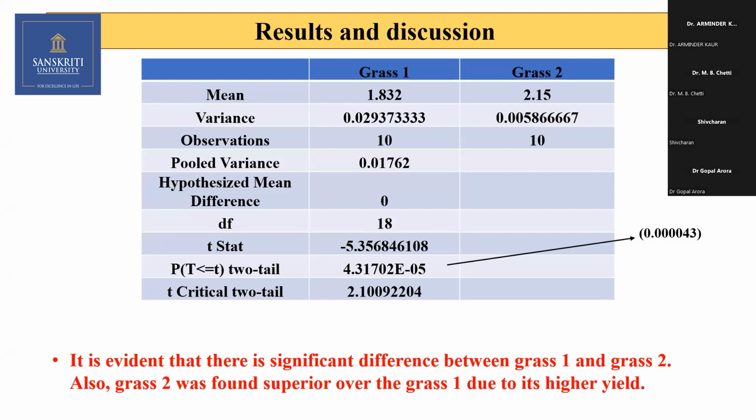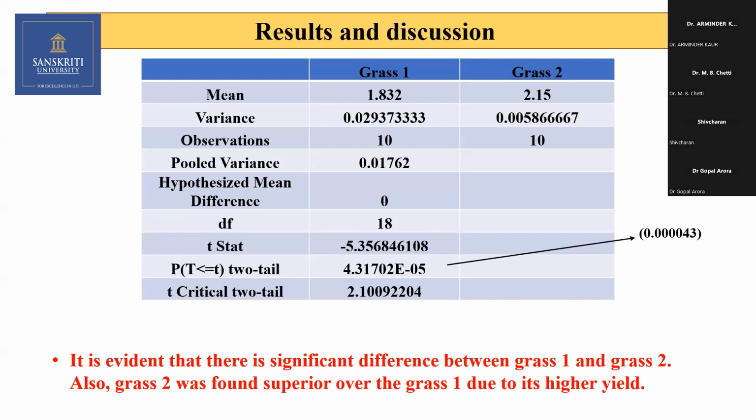If you are getting confused, I told you, if the calculated value is greater than the table value or the critical value, we reject the hypothesis. In this case, it is -5. Don't think of the sign here in the case of t-test and z-test. It is -5 because 1.83 minus 2.15; it is a symmetric curve. So 5.35, is it greater than 2.10 or less than that? It is greater than 2.10.